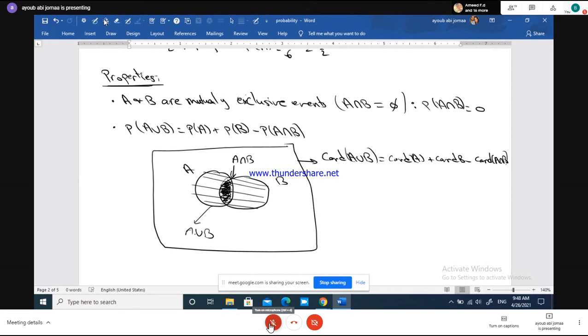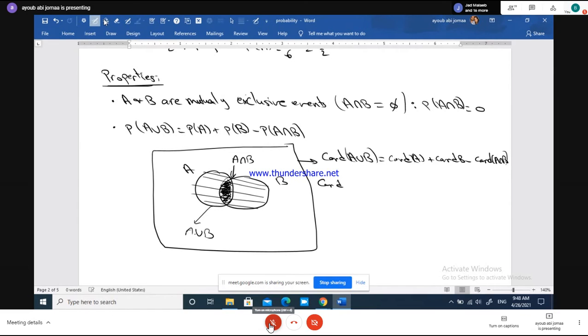When we have the intersection, how do we handle it? This point you already have from grade 10. The cardinal of A union B is the cardinal of A plus the cardinal of B minus the cardinal of the intersection. Then divide by the cardinal of the sample space.